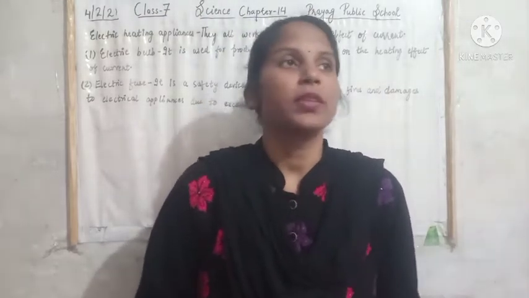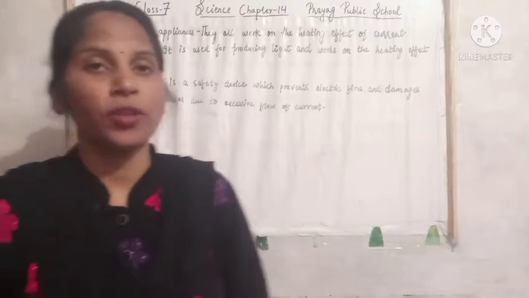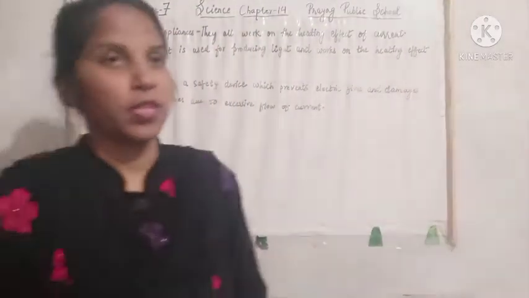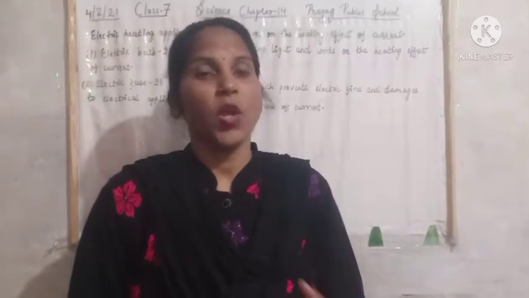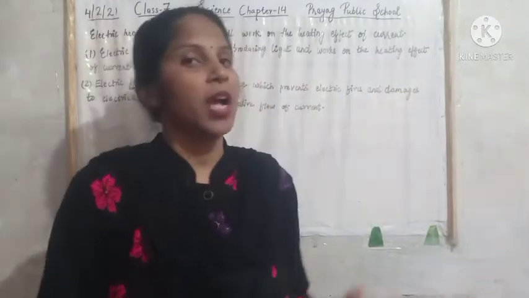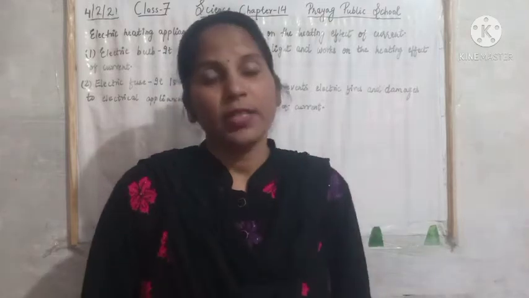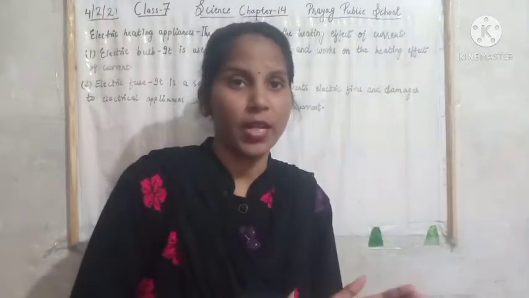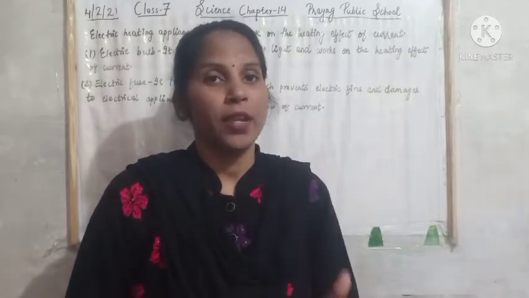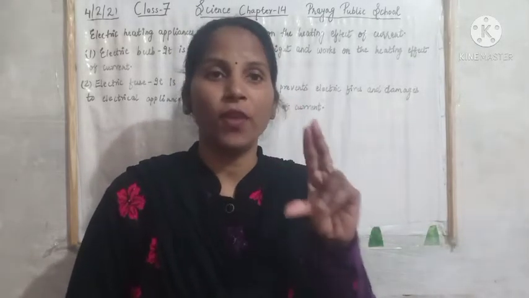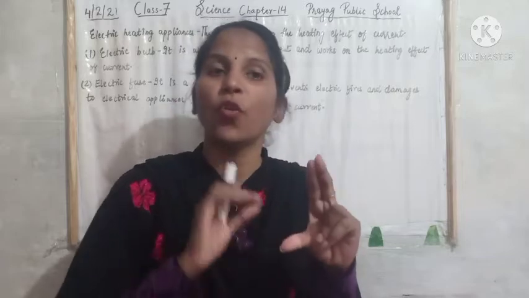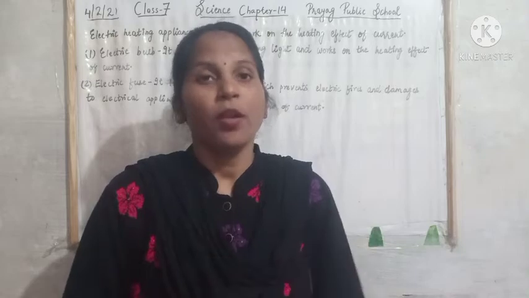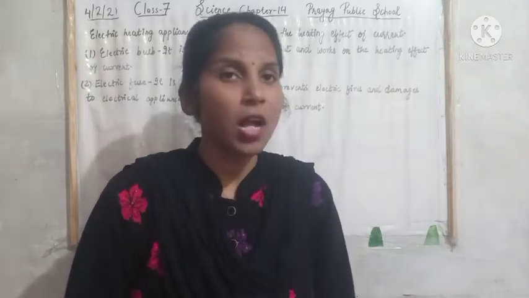Now the next appliance that is based on the heating effect of electric current is the electric fuse. Electric fuse is a safety device in everybody's house. What is the function of the fuse? जब current exceed हो जाता है, it is made up of a thin wire, copper wire का बना होता है. जब current overflow होने लगता है तो it automatically melts, thus preventing the short circuit in the house.